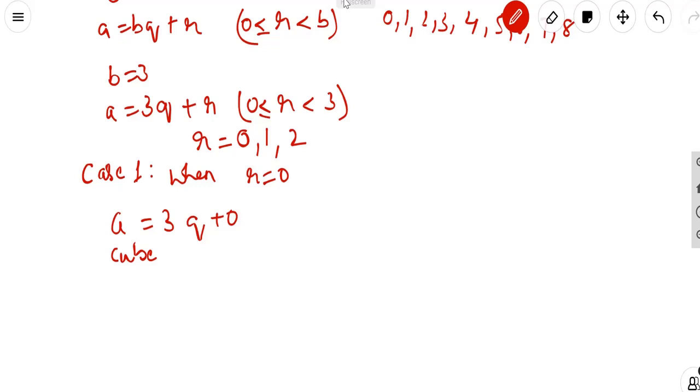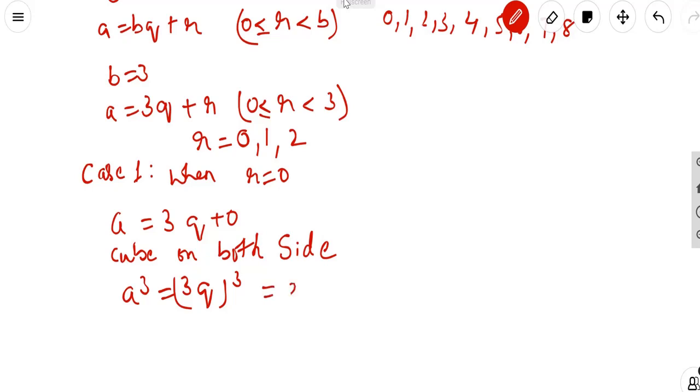If I have to cube, then I have to cube both the sides. So cube on both the sides. This becomes a cube is equal to (3q) whole cube. What is the equation for the cube? I'll write that down later. First we'll solve this.